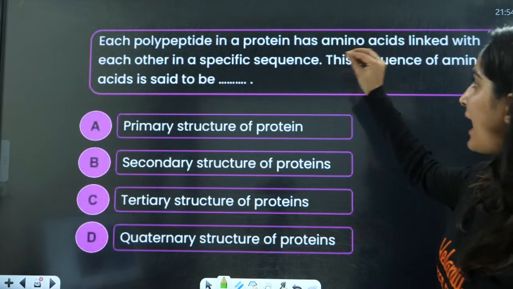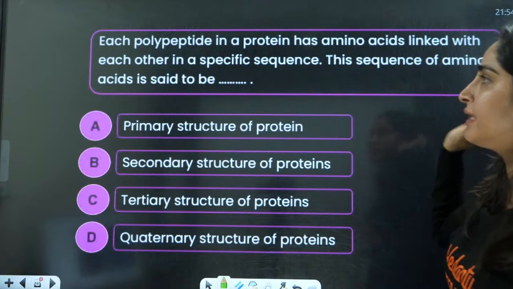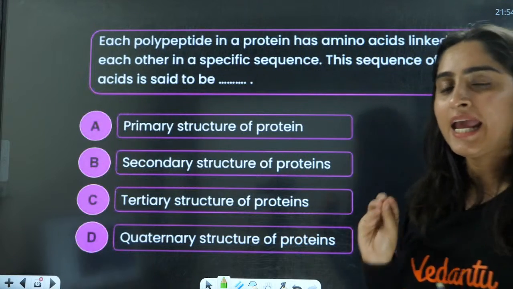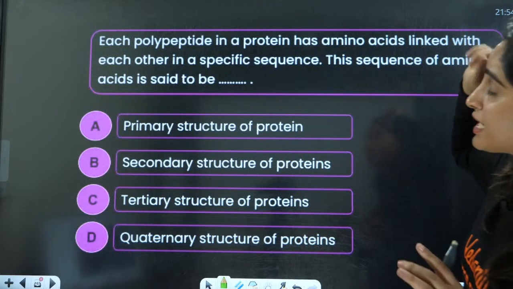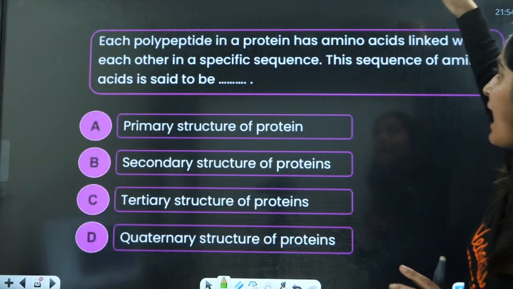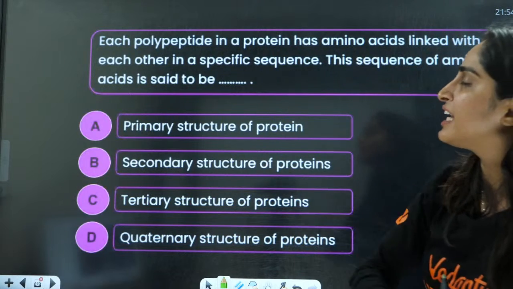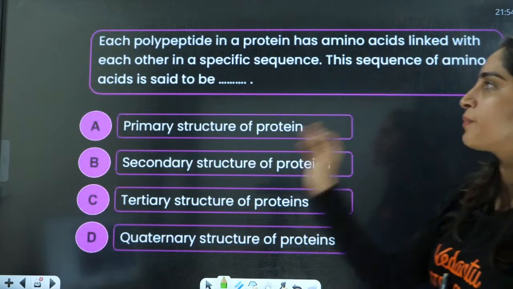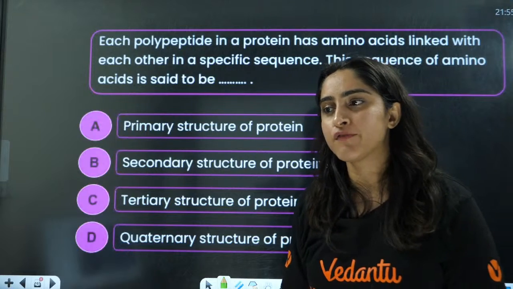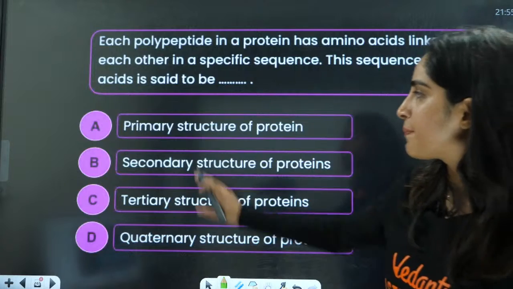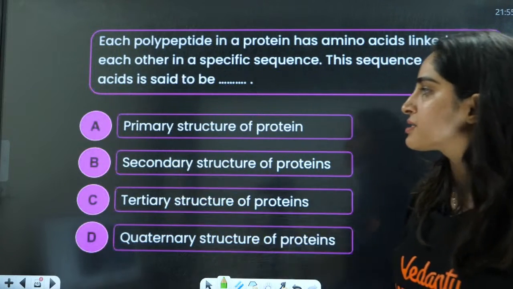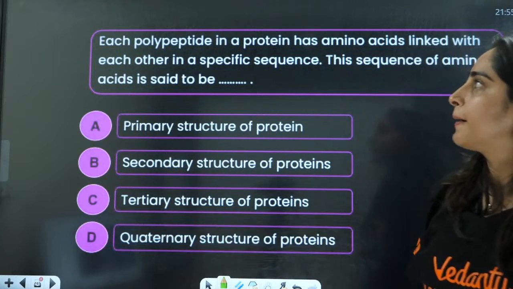Each polypeptide in a protein has amino acids linked with each other in a specific sequence. The sequence of amino acids is said to be the primary structure, secondary structure, tertiary, or quaternary?